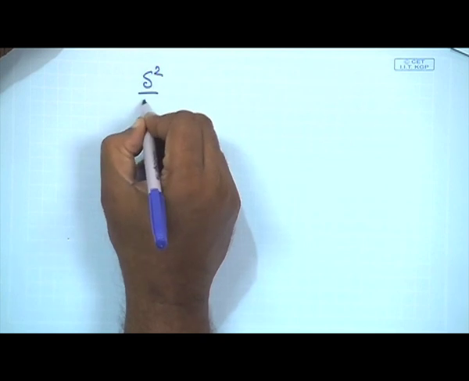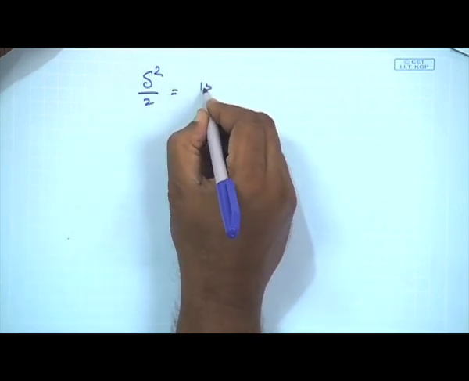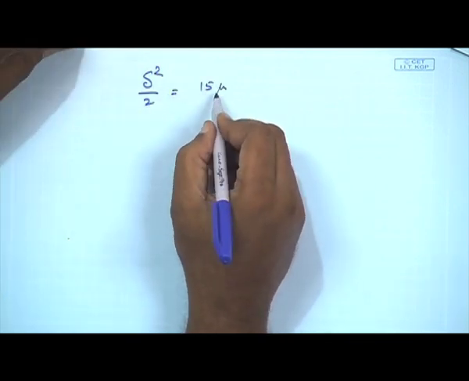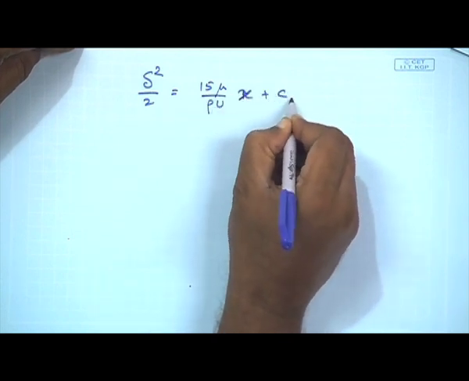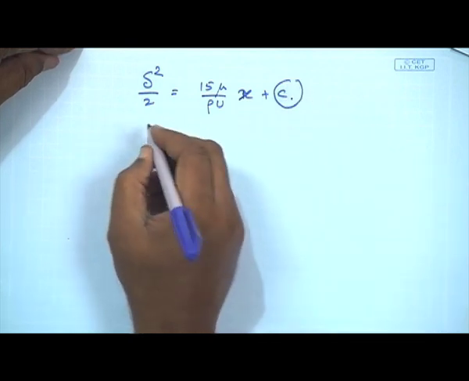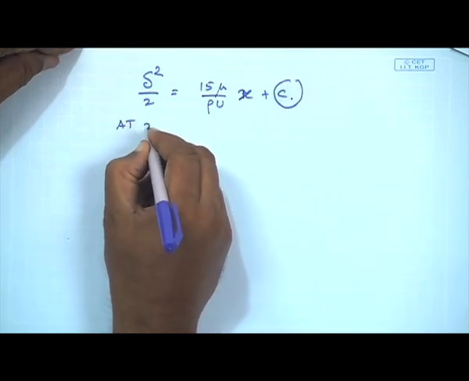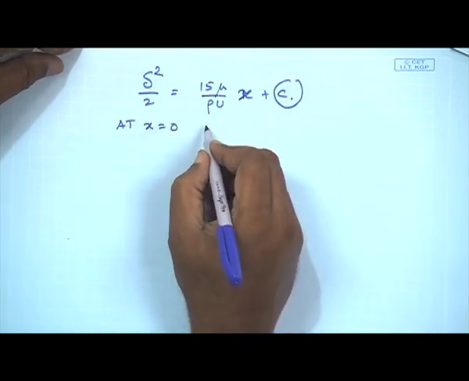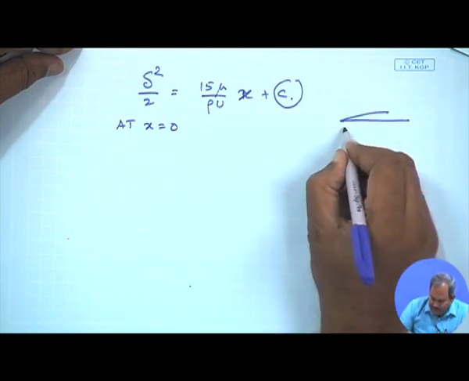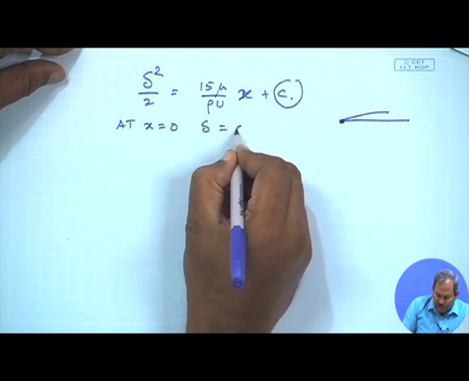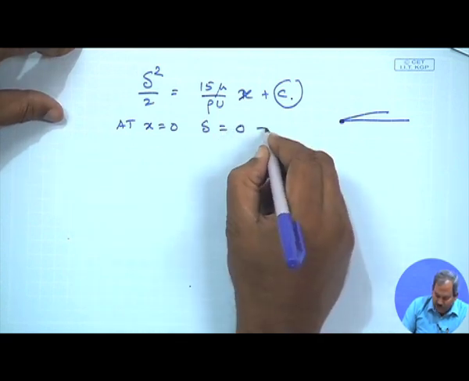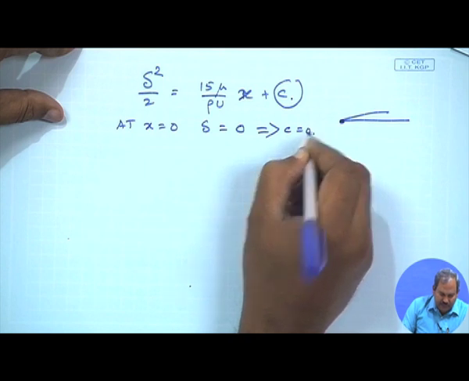So, you integrate it once, and what you get is delta square by 2 is equal to 15 mu by rho u times x plus c, where c is the constant of integration. So, at x equal to 0, at the edge, at just the beginning of the flat plate, delta, the boundary layer thickness, is 0, which would give rise to c equals 0.